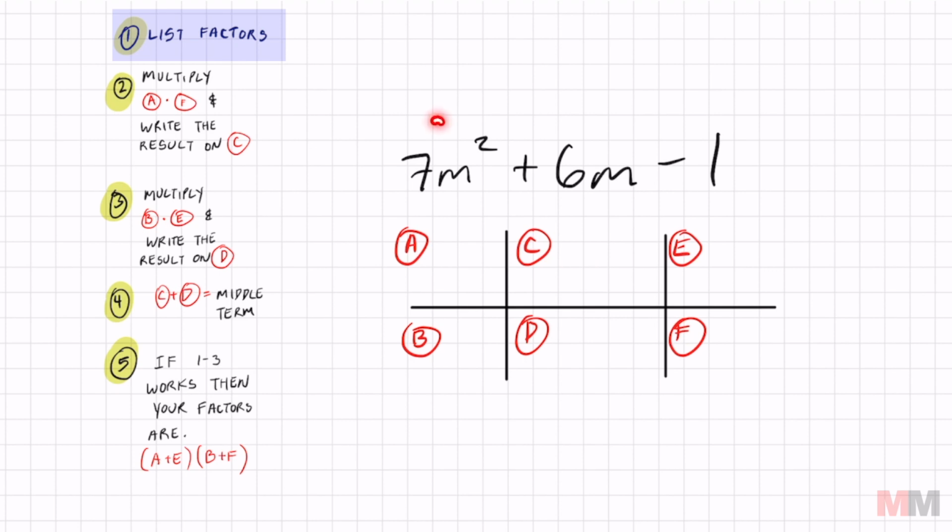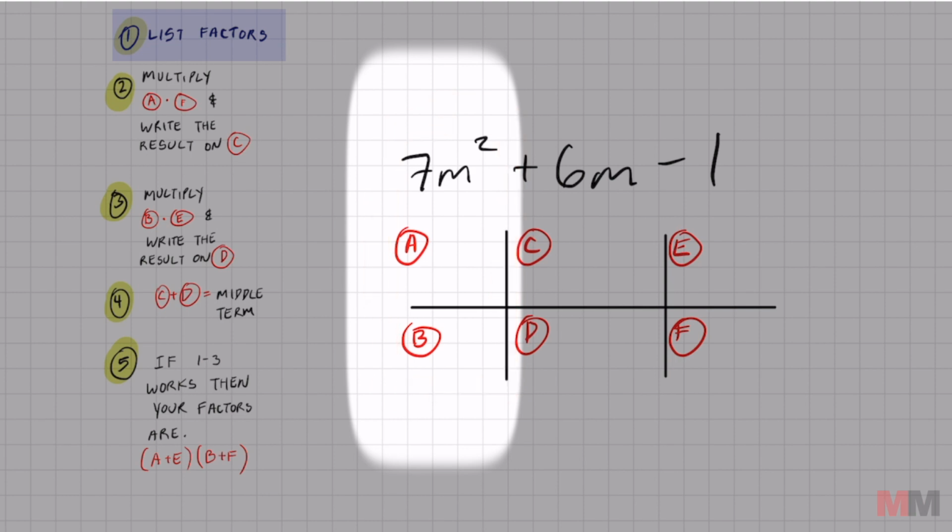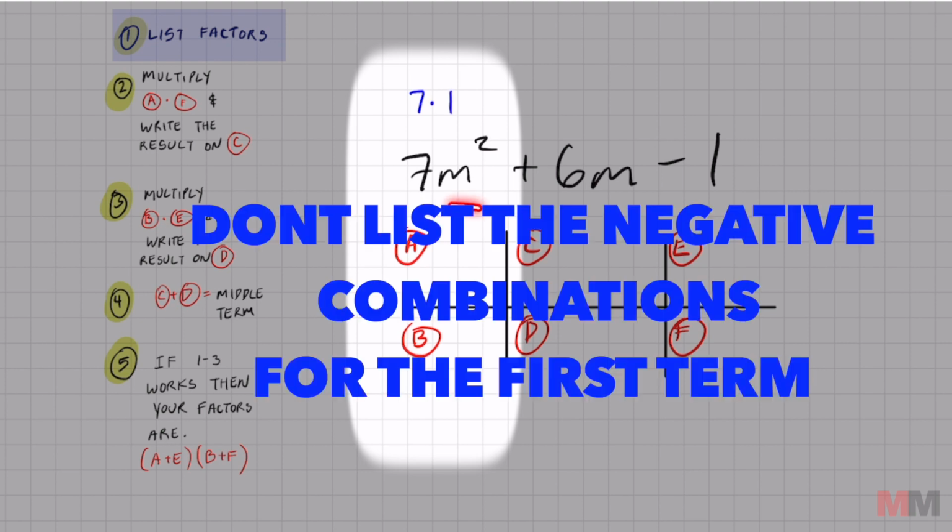List the factors. We're going to list the factors, meaning possible combinations that multiply to 7m squared. And I started the numbers easy. 7m squared, the only combination that multiplies to 7 is 7 times 1. For the most part, we're not going to use negative numbers for the first term right here.